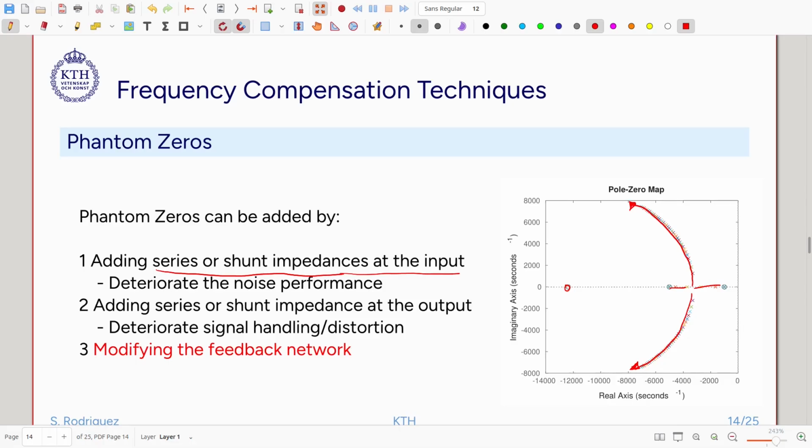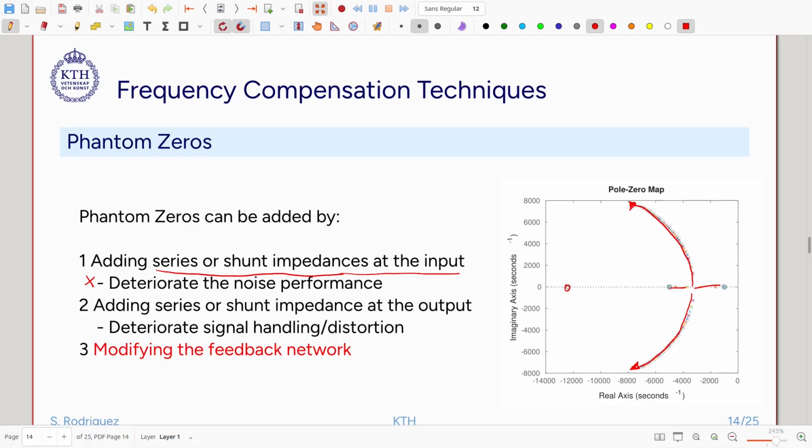So we will be searching for ways of introducing poles in the asymptotic gain, and one way is to introduce series or shunt impedances at the input. Now, as we saw before during the noise lecture, every series or shunt impedance at the input deteriorates the noise performance. So we have to be careful with that. It is not our first choice to introduce series or shunt impedances at the input.